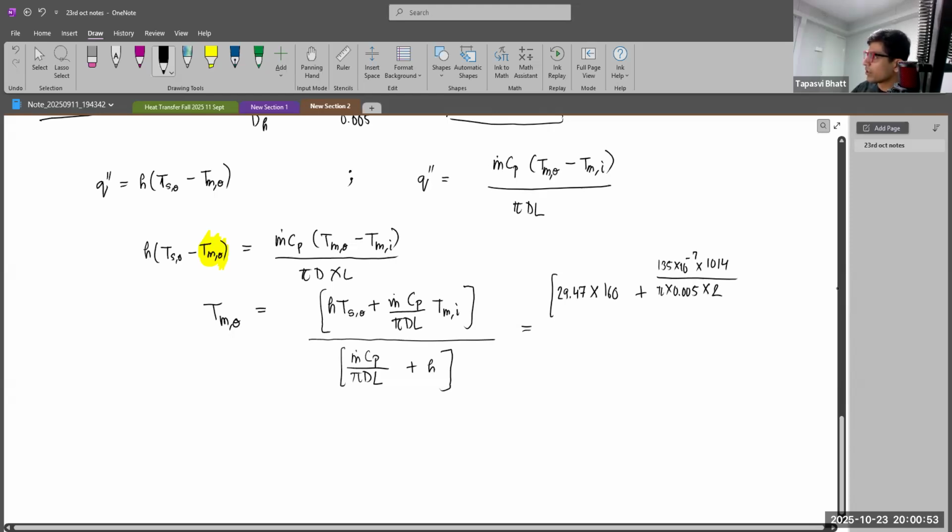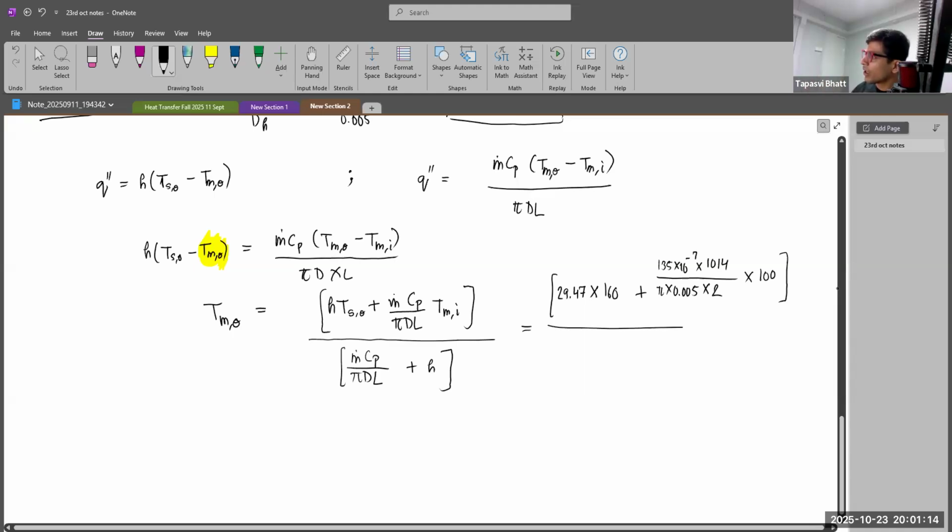Length is 2 meters, times TMI. What is the inlet temperature? 100 degrees Celsius. Now again, better use Kelvin if you are a bit doubtful. But I'm sure here, gradually with time, you'll know when to use Kelvin and when to use degree Celsius. But if you're unsure, always use Kelvin.